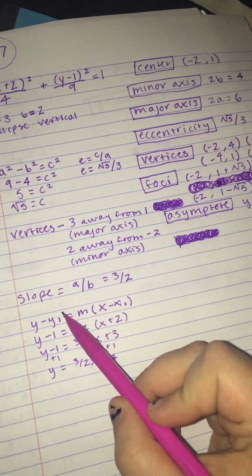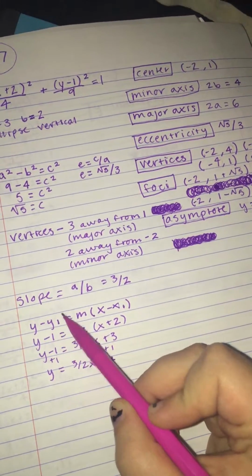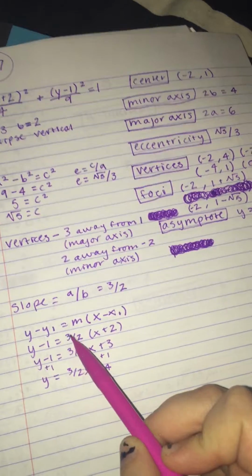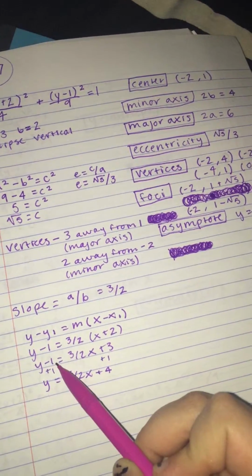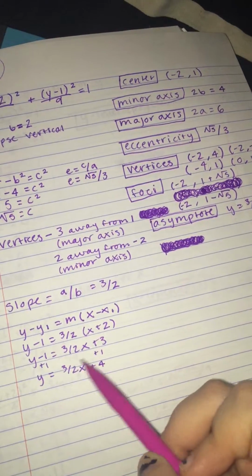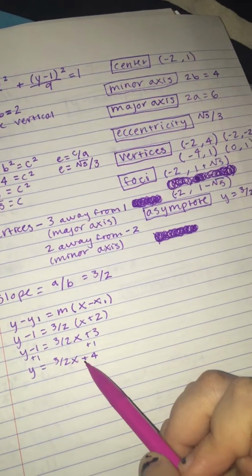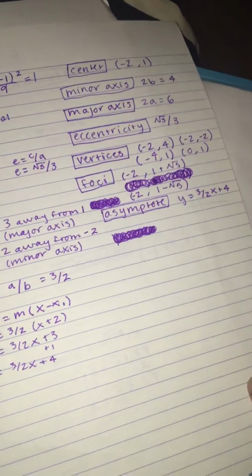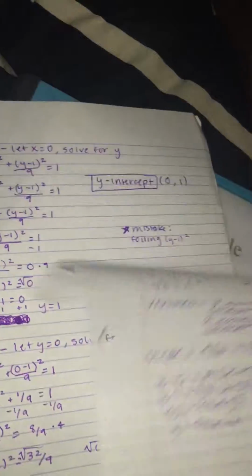So the values that you want to use for x1 and y1 are your center. So y minus 1 equals 3 halves x plus 2, or y minus 1 equals 3 halves x plus 3. Then you add 1 to both sides, and you get y equals 3 halves x plus 4. And that is your slope equation, or asymptote equation.